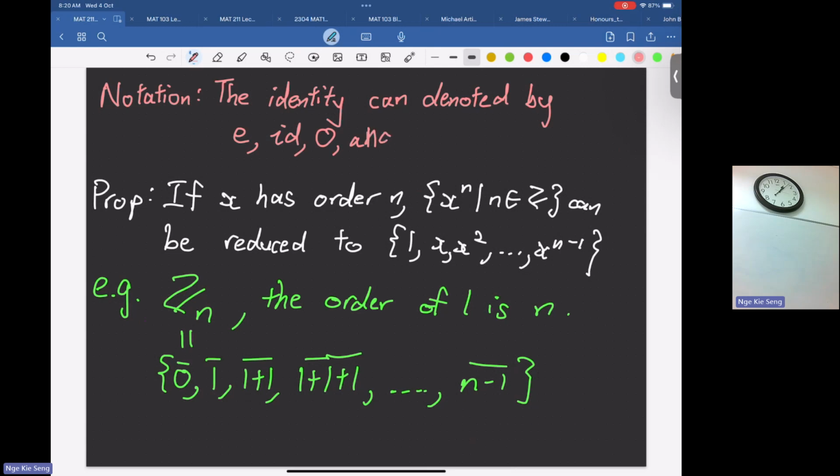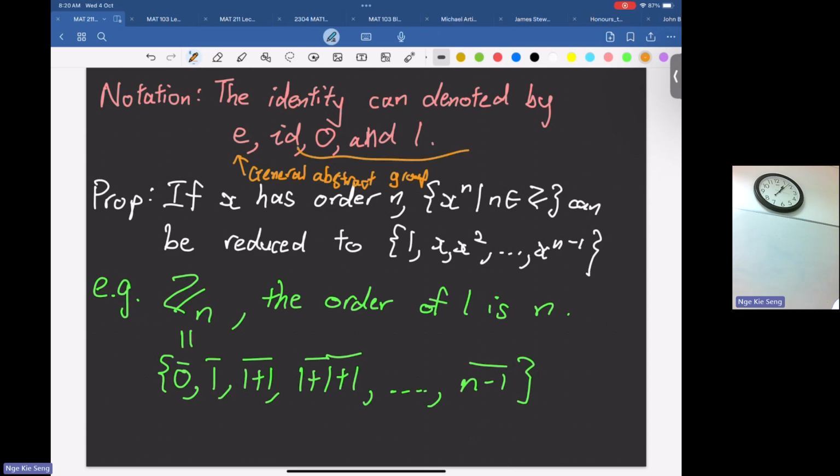So what is the difference? Why do we prefer one over the other? If we put E, this is for a general abstract group. We don't care what it looks like, so we put E.